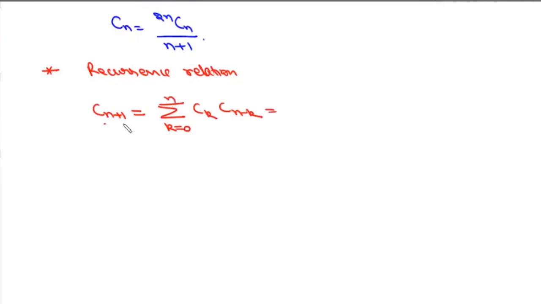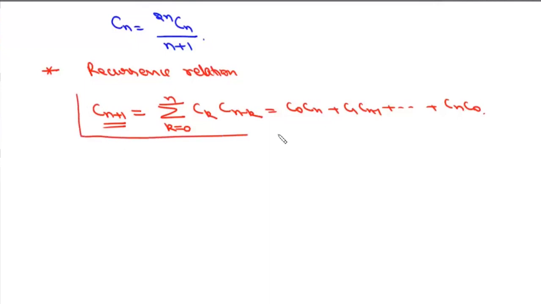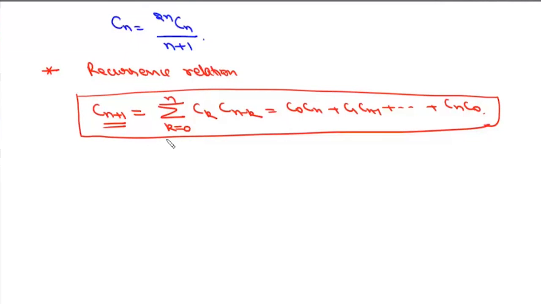So any (n+1)th Catalan number is equal to C0 into Cn plus C1 into C(n-1), up to Cn into C0. So that is the recurrence relation between Catalan numbers. Now we'll prove this recurrence relation using our same initial example.